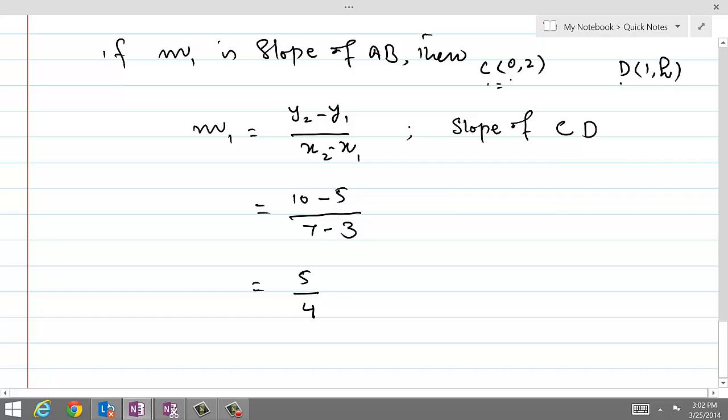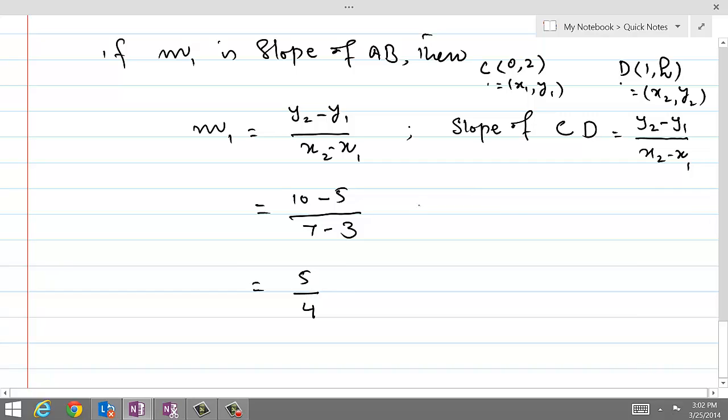If we label this as x1, y1 and this as x2, y2, then the slope of CD is y2 minus y1 over x2 minus x1.